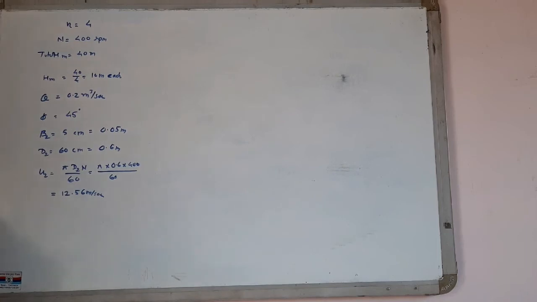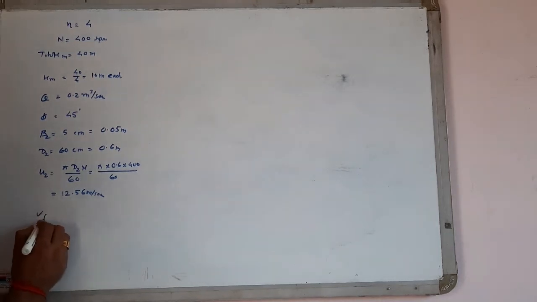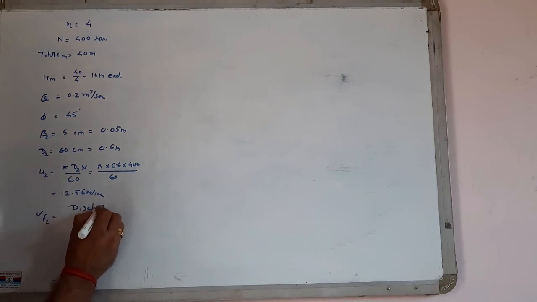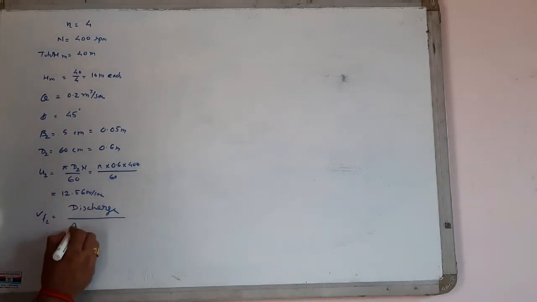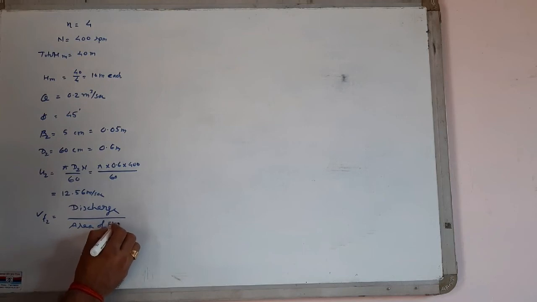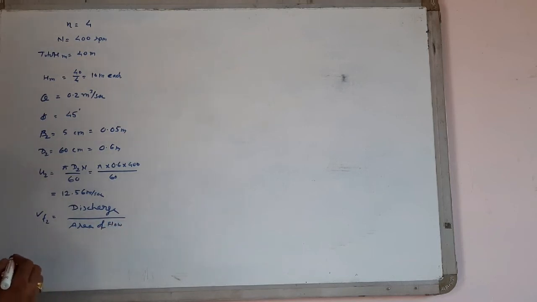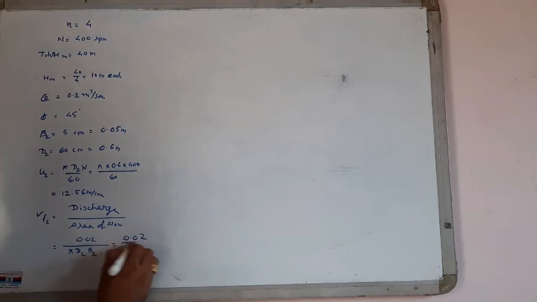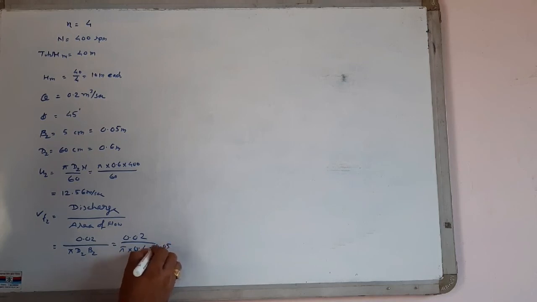Now we have to find velocity of flow at outlet, that is VF2 equal to discharge by area of flow, that is 0.2 by pi D2 B2, putting the values 0.2 by pi into 0.6 into 0.05.